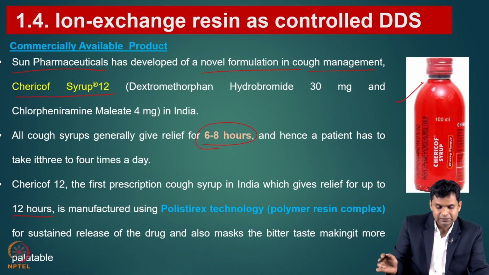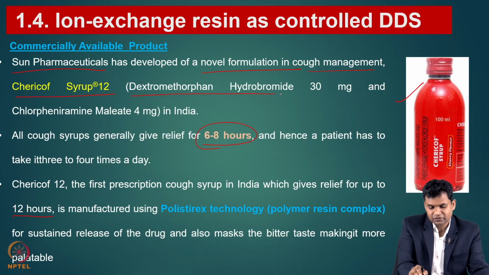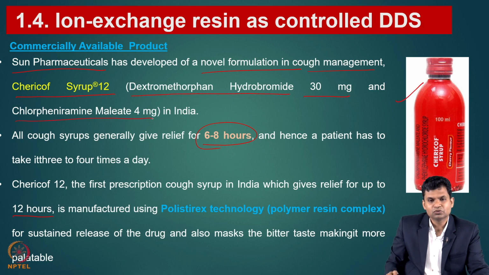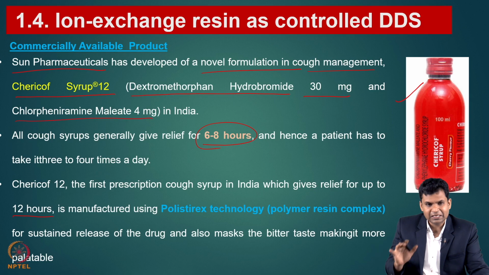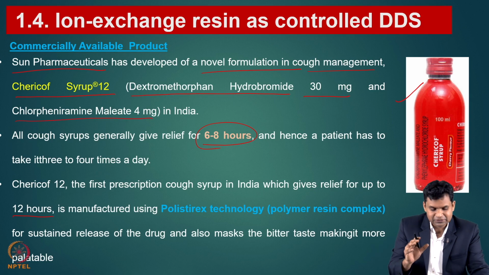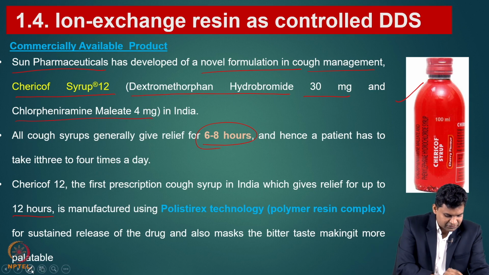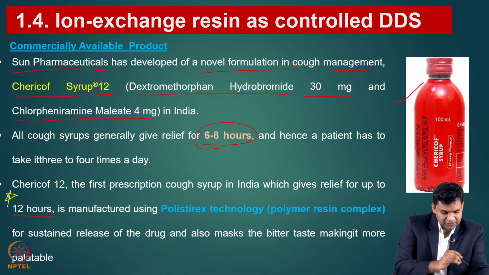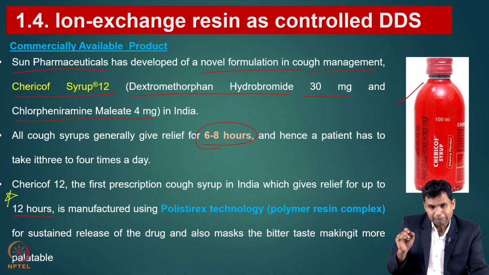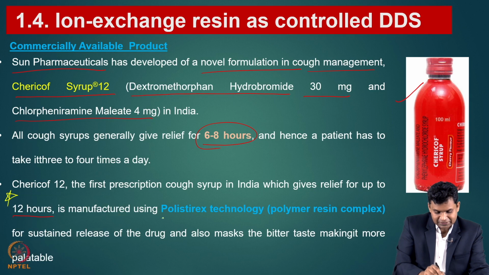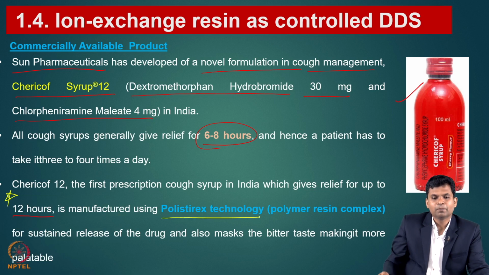This will contain dextromethorphan hydrobromide, 30 mg, and chlorpheniramine maleate, 4 mg, which is used in the Indian market. And not only that, the great advantage of this medicine is that it will work for 12 hours, and it is prepared by using the polystyrex technology.